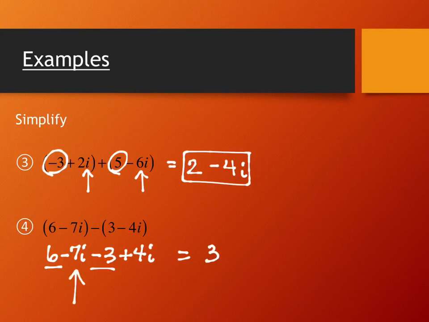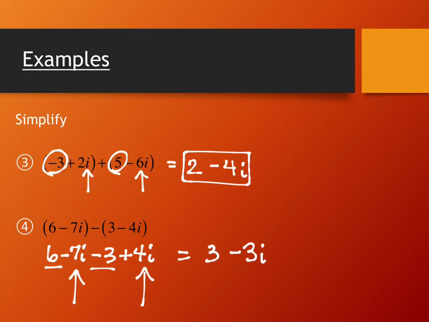I have a -7i and a +4i, which combine to give me -3i. It's almost just like we took away an x, we put in an i, nothing changed except the name. That's what it looks like with addition and subtraction.